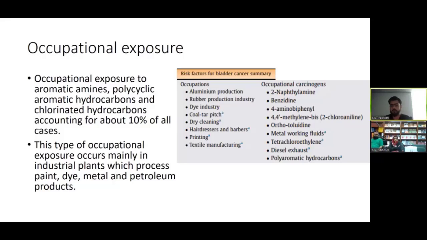Aluminum production, rubber production, dye industry, coal tar industry, dry cleaning, hairdressing, printing, and textile are all associated with bladder cancers. So in a developed industrial setting, just by reducing our workers' exposure to these risk factors, we can greatly lower the chances of workers developing bladder cancers.